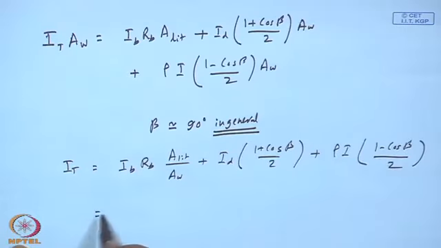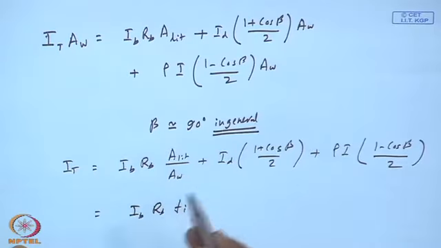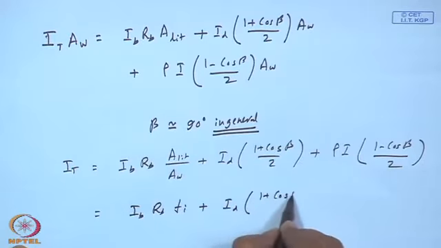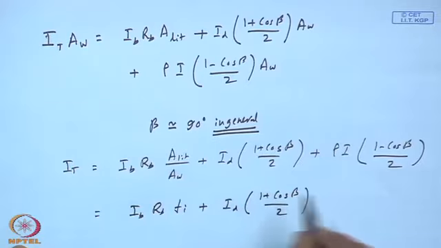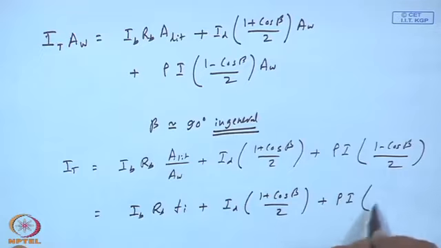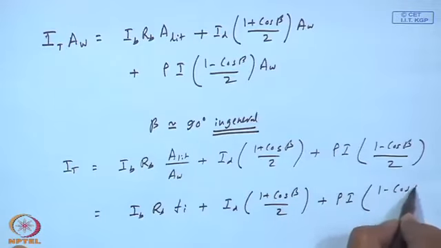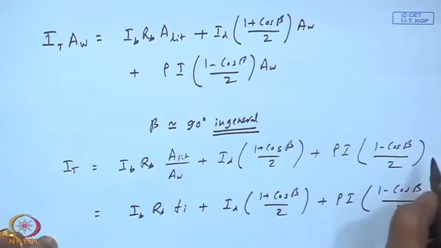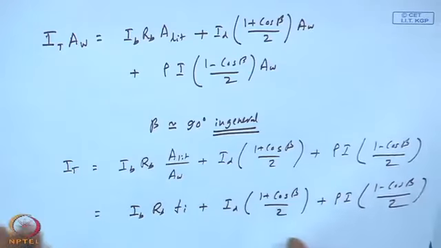So, this we shall call IB RB Fi, the shading factor, plus these terms, which are very familiar to us by now. I have divided throughout by AW.